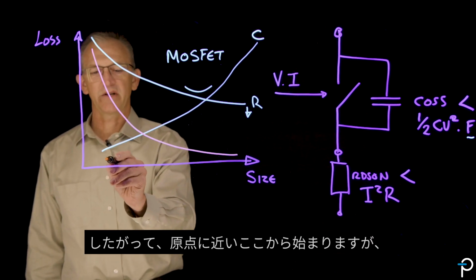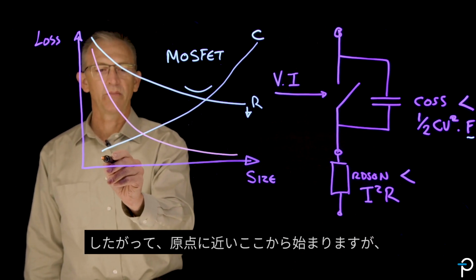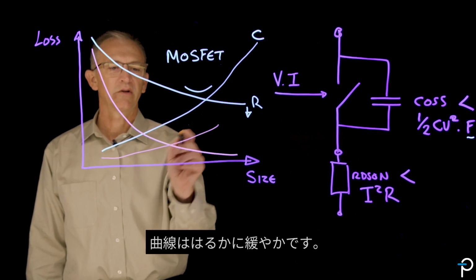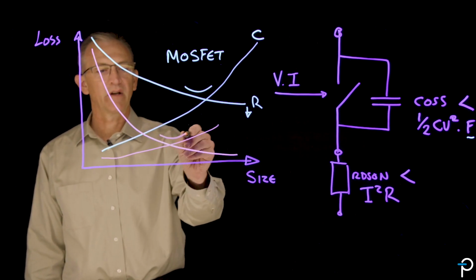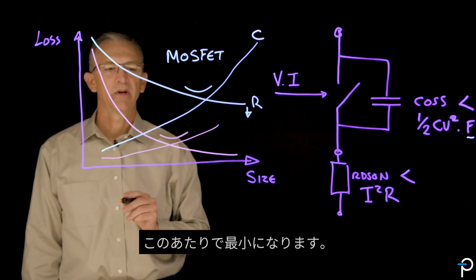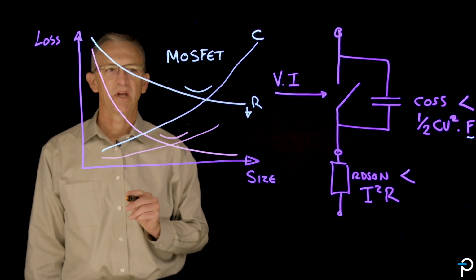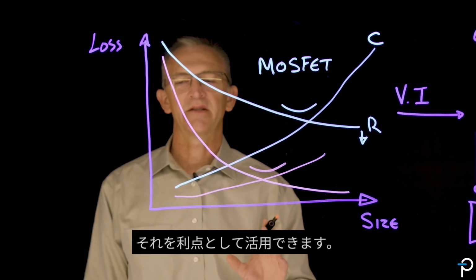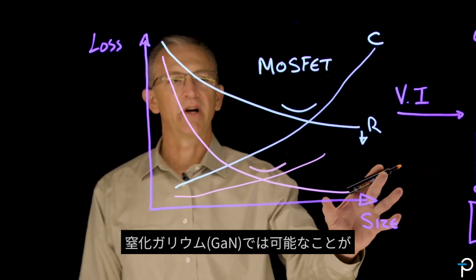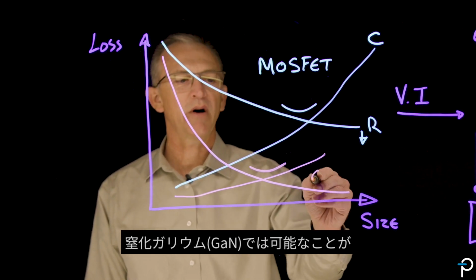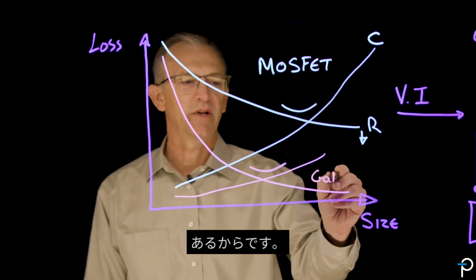So it still starts down here close to the origin, but it's a much shallower curve. So gallium nitride's losses occur at a minimum around about here. And you can use that to your advantage because there are things you can do with gallium nitride that are simply impossible with a MOSFET.